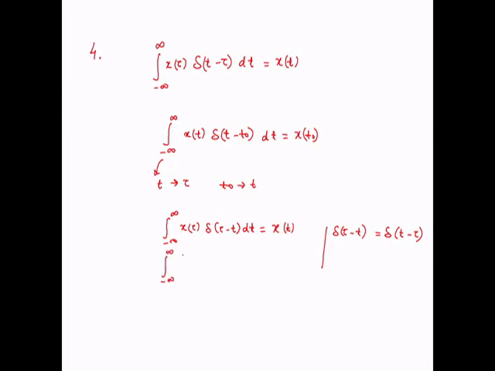The limit of integration minus infinity to infinity x(tau), we can write this by using the property delta(t minus tau), is equal to x(t). So by the previous property we can also have this property. So these are the properties of unit impulse signal.